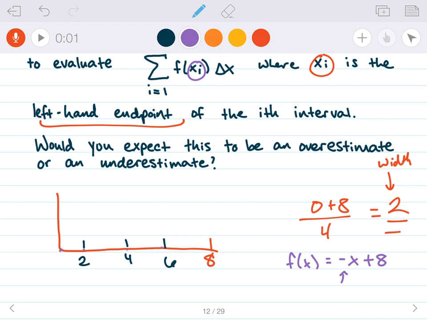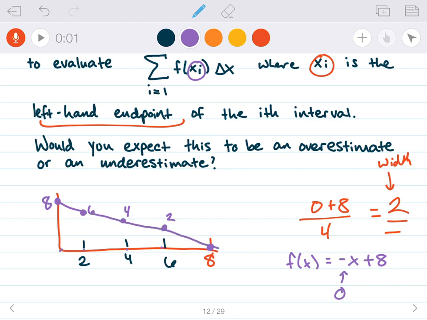All right, so if we plug in 0 in here, we're going to get a y value of 8. If we plug in x equals 2, we get a y value of 6. When x equals 4, we get 4, and we can see where this is going. We get 2. I can't draw lines for some reason. And finally, we get 0. All right, so this is supposed to be a straight line.